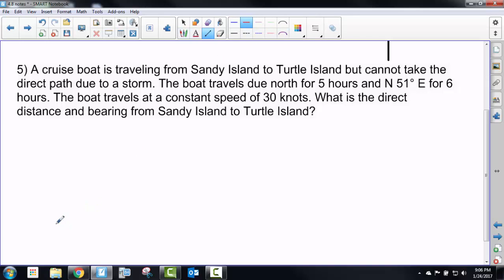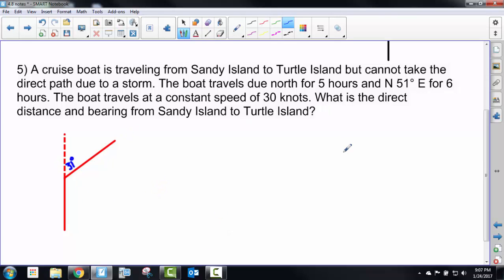We're going to say the boat's traveling due north, so we have a vertical portion of the trip there for 5 hours, and then it travels north 51 degrees east, so that's something like this, where essentially if we were to extend this side right here, we would see that this angle right there is 51 degrees. And that's going for 6 hours.